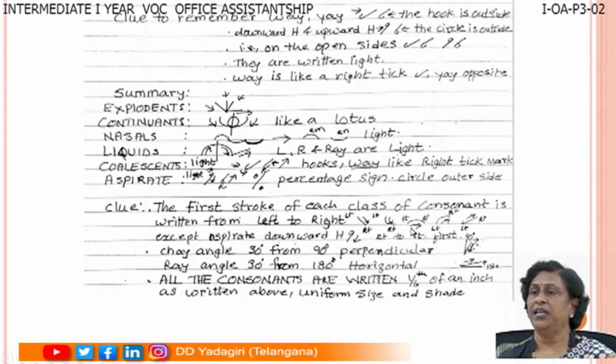And nasals are also written left to right. And then the liquids are also written left to right, but written upward. The only difference is it is written upward. But we're maintaining the same thing, left to right. The first consonant of every classification is left to right, though it is written upward. And way again is written from left to right.